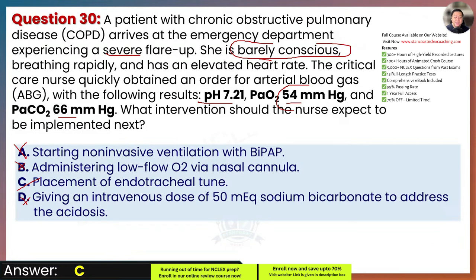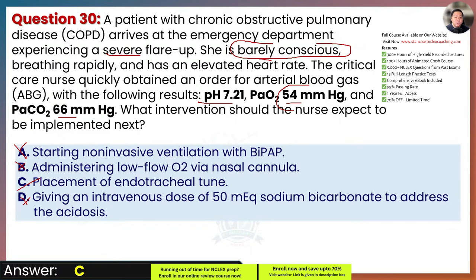All right. And so when you see the ABG results in this case, pay attention to the CO2, the O2, and the pH. Always assess the primary problem first. In this case, the elevated PaCO2 suggests respiratory acidosis, and there's also hypoxemia. So you need to eliminate those options that involve non-invasive interventions if the patient is too unconscious or unable to protect their airway.